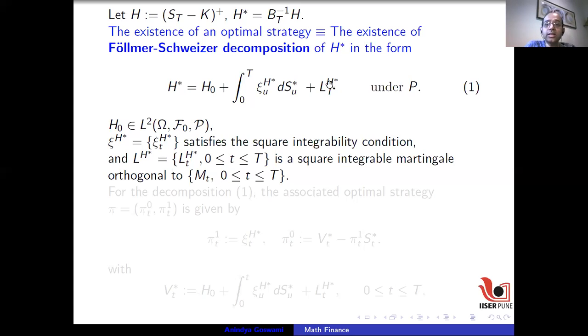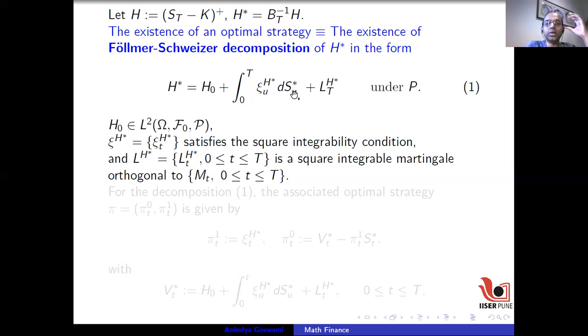But the question is, if you now make the closed martingale, the conditional expectation of L H star T given F_T, you get L^H_T, possibly a martingale. But that martingale would not be orthogonal to the martingale part of S star. So any arbitrary choice of xi would not produce a random variable that gives you a martingale orthogonal to S star.